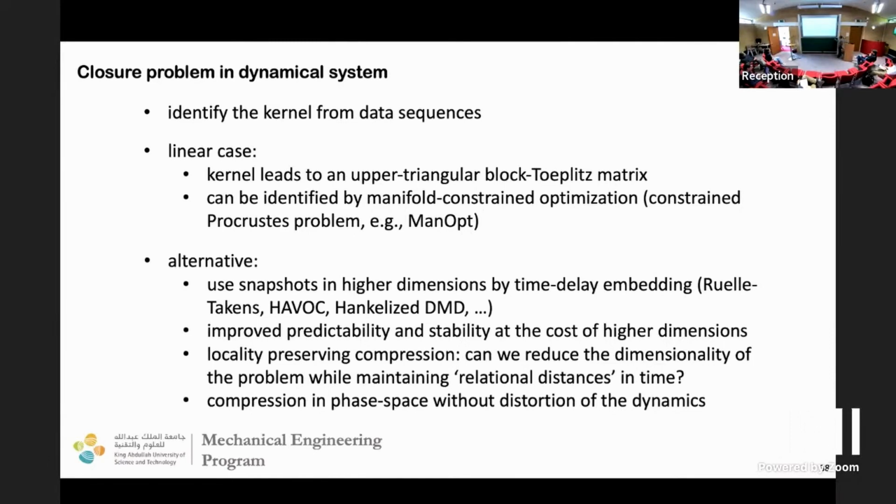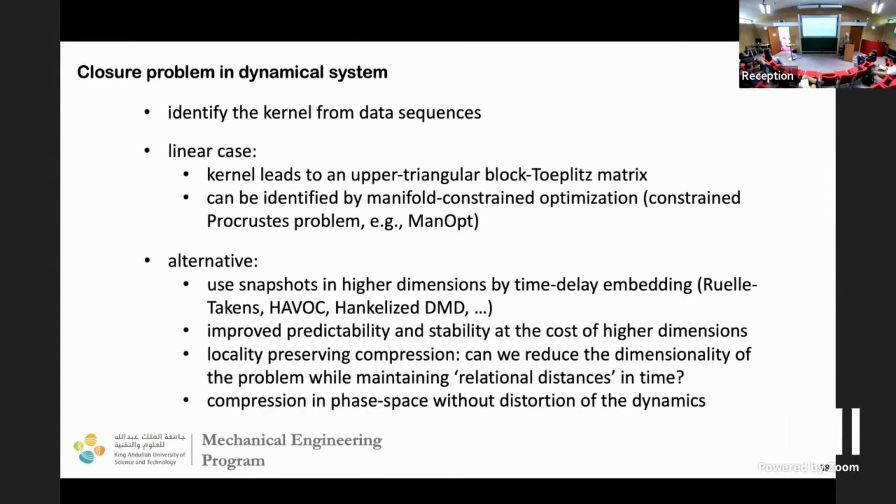Now this one can be nicely identified by a manifold constraint optimization, very similar to what Petar Bădulescu was doing with Beverly. So you have a constrained Procrustes problem where you shoehorn the solution into a certain admissible solution state, and that admissible solution state is upper triangular block Toeplitz matrices.